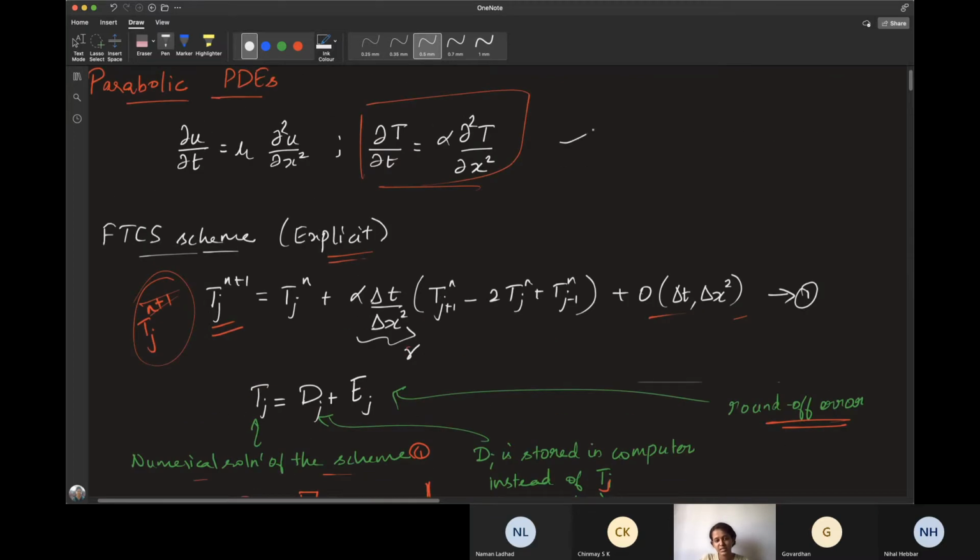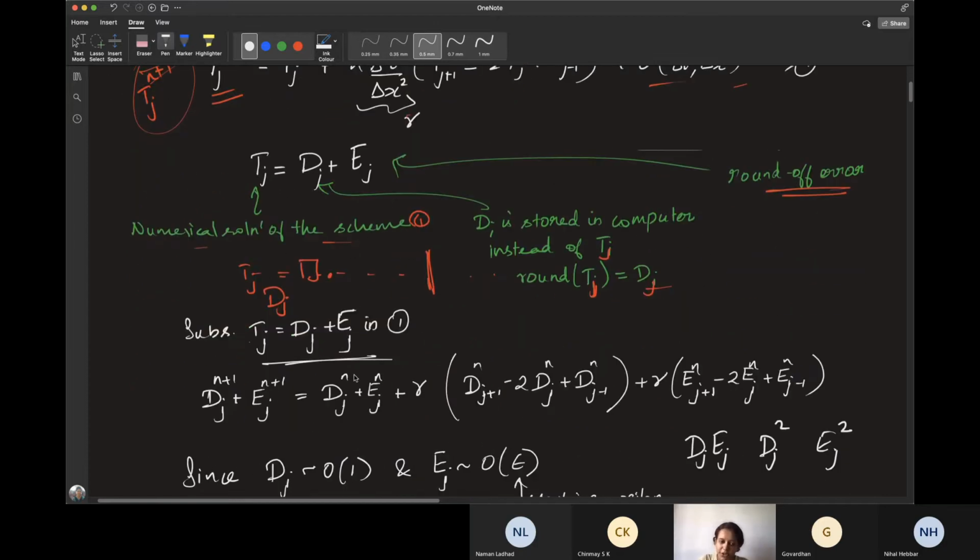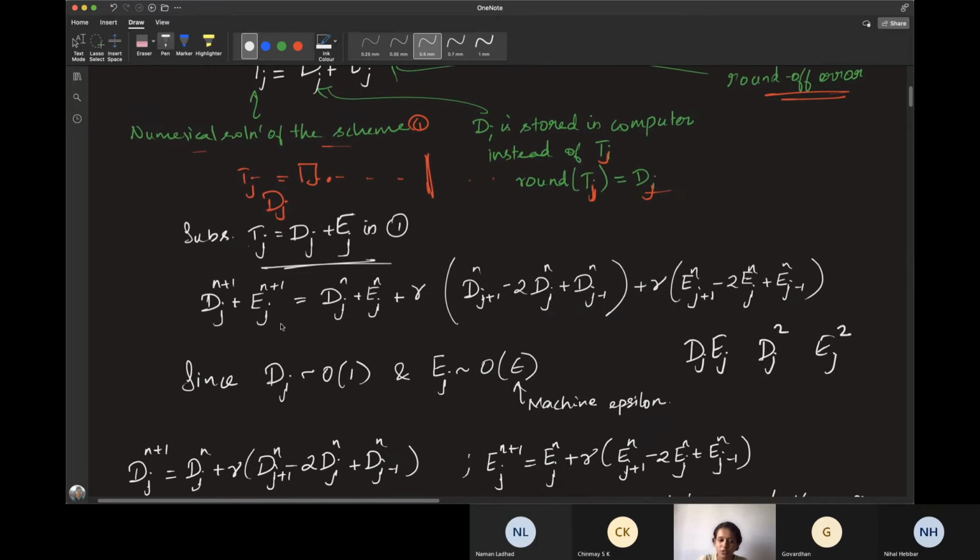Since the differential equation itself is linear, and when we approximated it by a difference equation, this equation is also linear in T. We don't have Tj squared or any higher powers of Tj here. So when we substitute Dj and Ej inside this equation, it is also linear in both Dj and Ej.